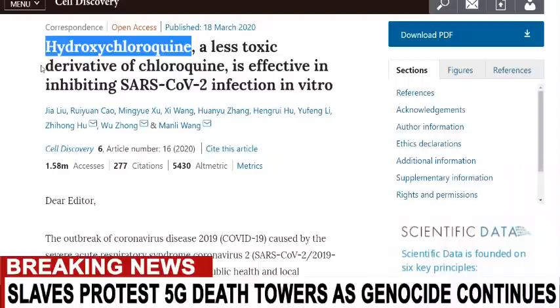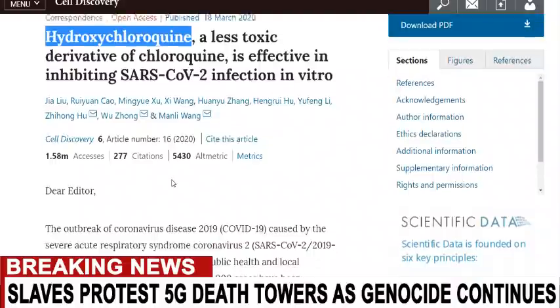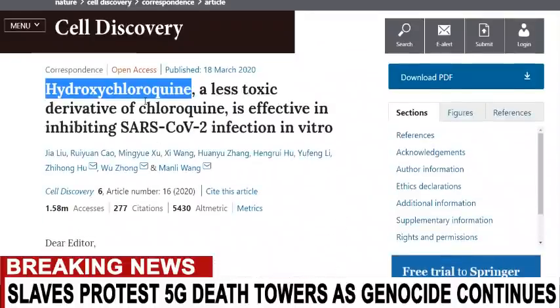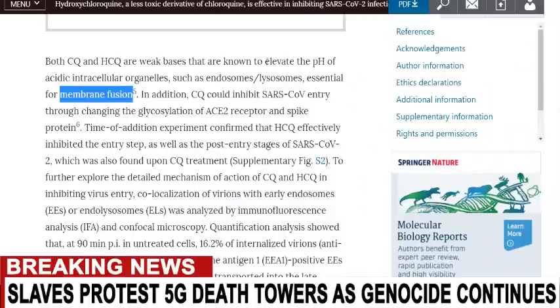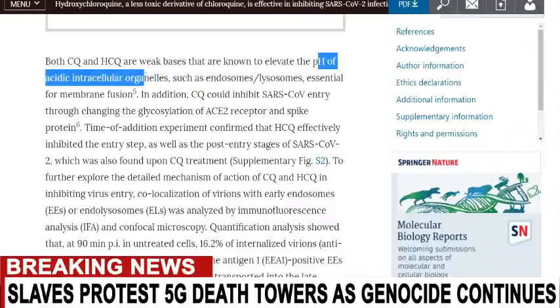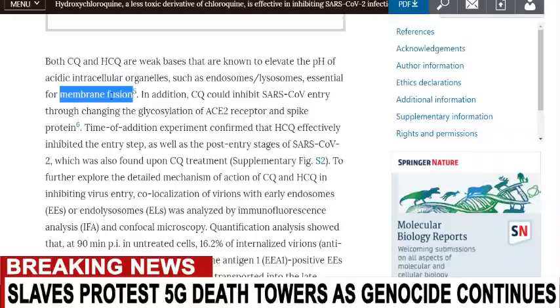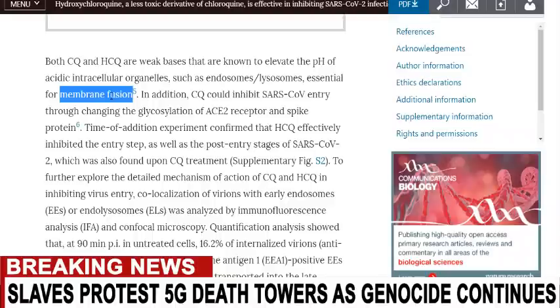And in this 2020 article, they talk about the pH of acidic intracellular organelles being a cofactor for membrane fusion, whatever that means, right? So it got you thinking, well, what about baking soda, right?